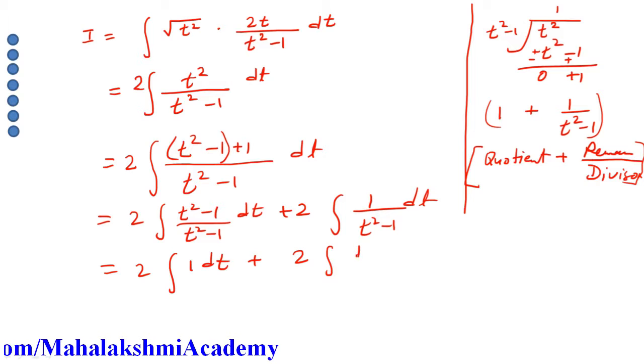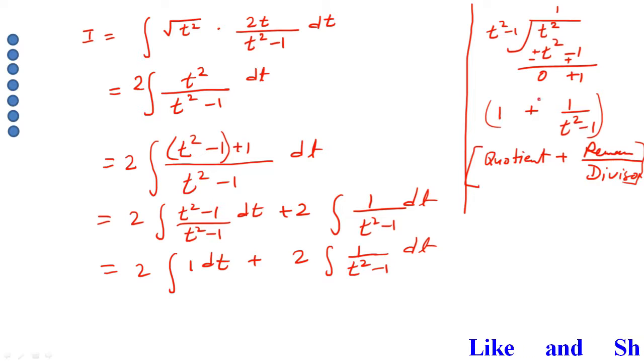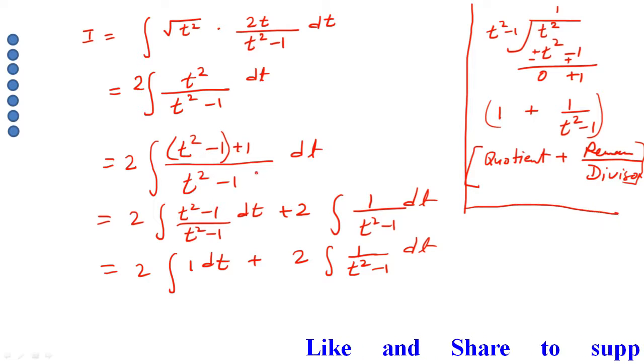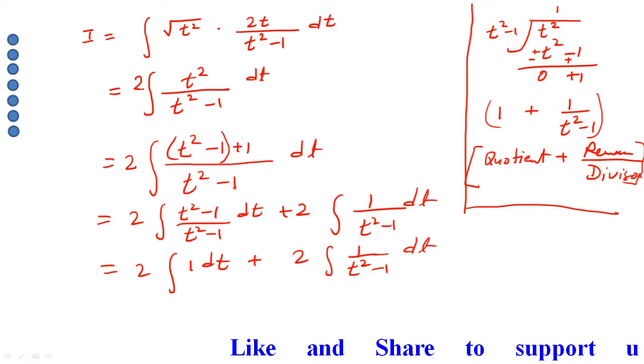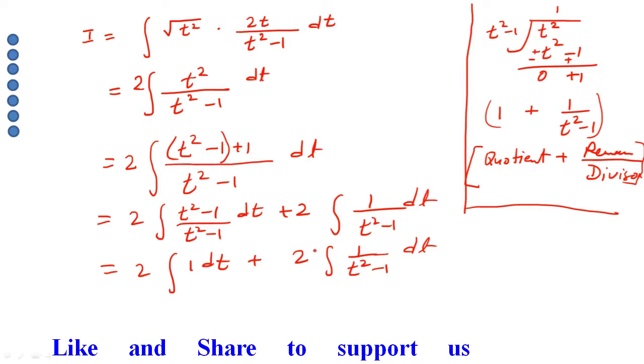I am first writing it as it is to explain to you. Minus 1 will come here, then dt. So what we achieved here is 1, then 1 upon t square minus 1. So here also, just see, 1 plus 1 upon t square minus 1. So you can get this directly from the division, or from adding and subtracting whatever constant you have. Whatever method is easy for you, you can opt for that.